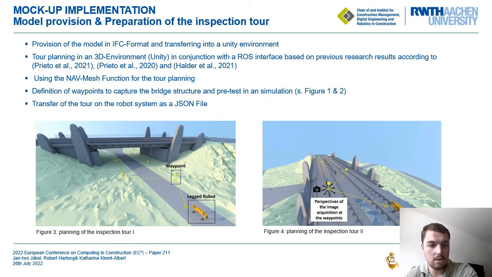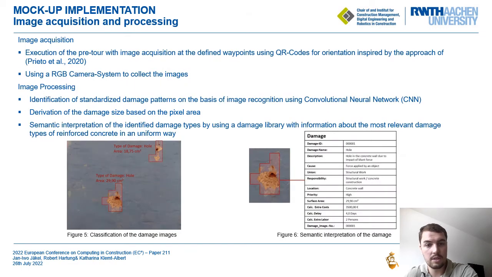For the tour planning, the tour was planned by defining waypoints and using the nav mesh function. After that, we transferred the whole tour into a JSON file format and transferred it into the robotic system.